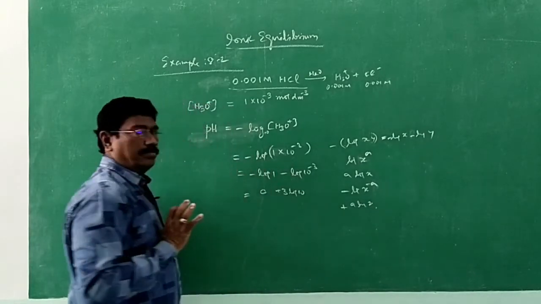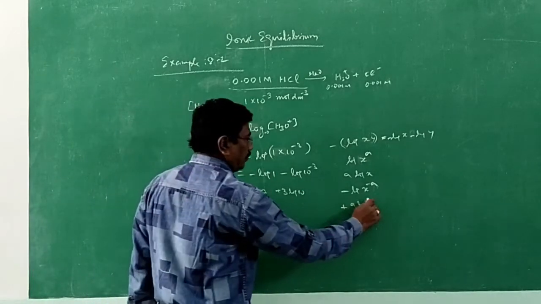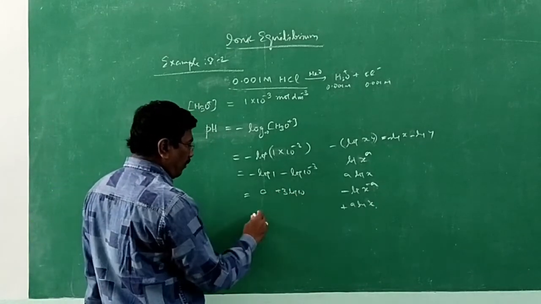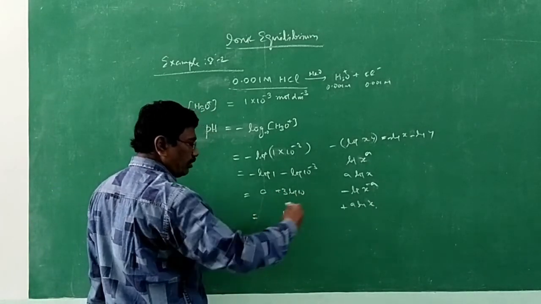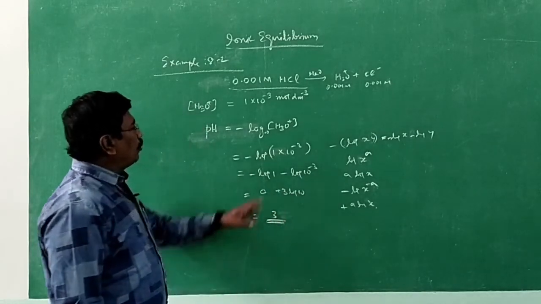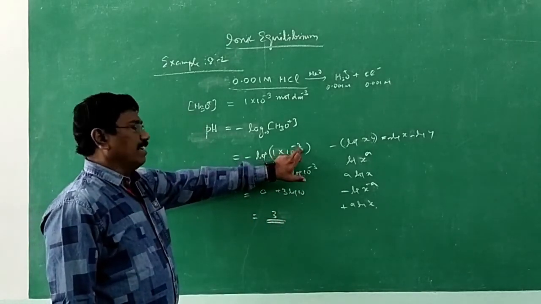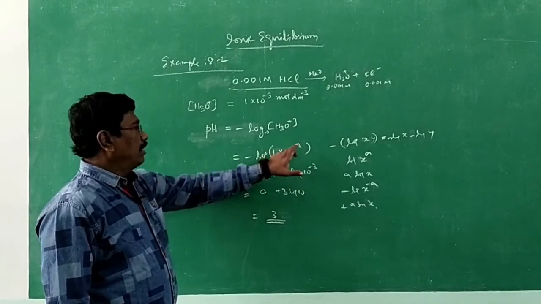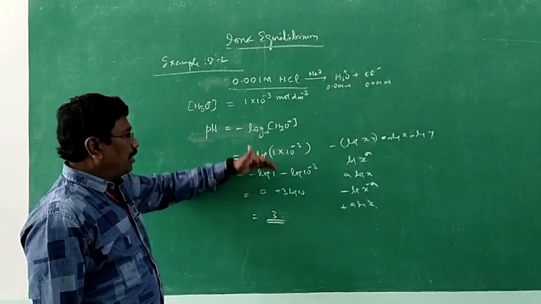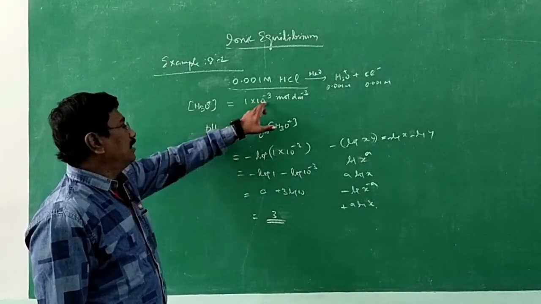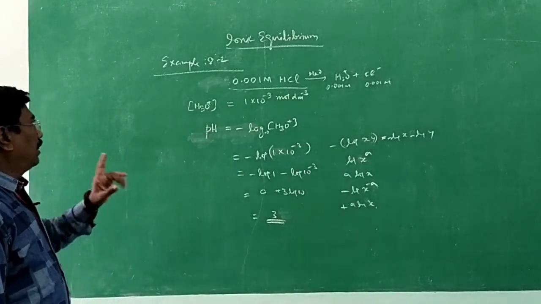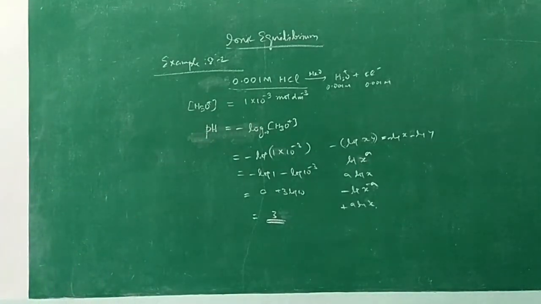Hope you understood. So 3 log 10. What is the value of log 10? It is 1. So 1 into 3, 3. So simply on looking at it, I can find out it is 3. So pH is equal to 3. Since it is the first time I have introduced all these steps, on looking at the concentration, you can find out pH is equal to 3. All right. That is example 8.2.